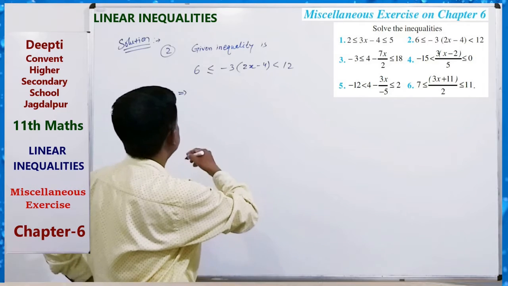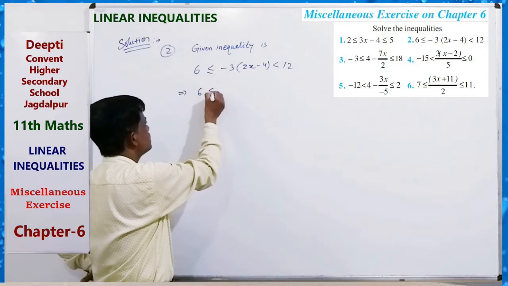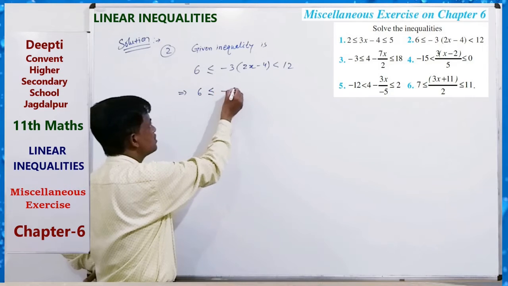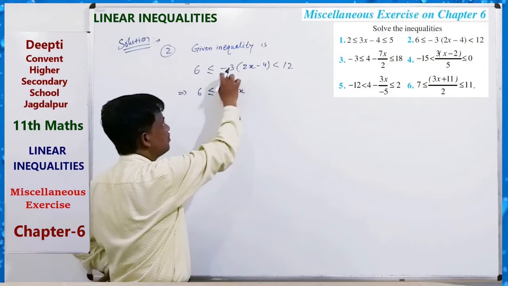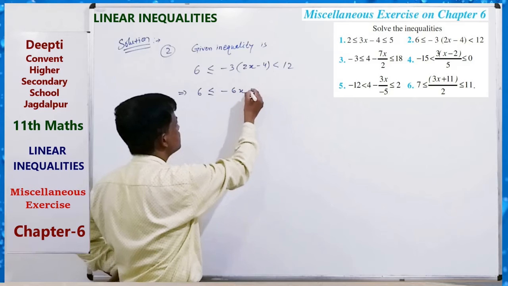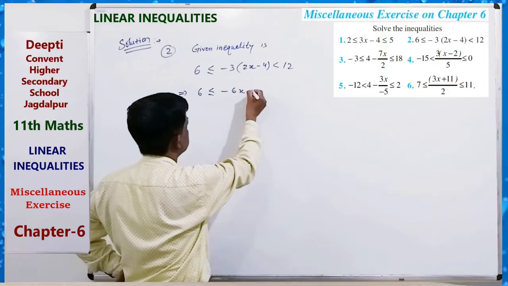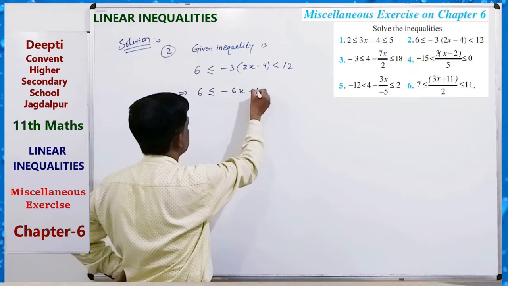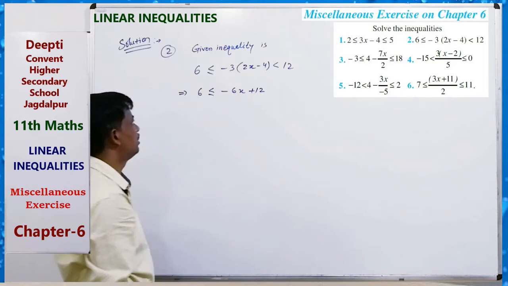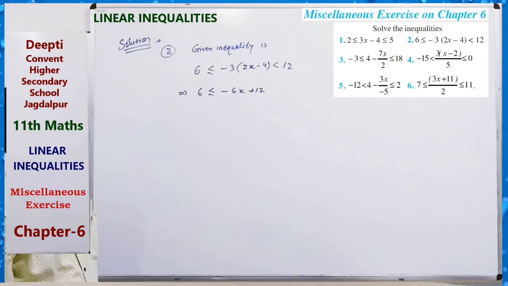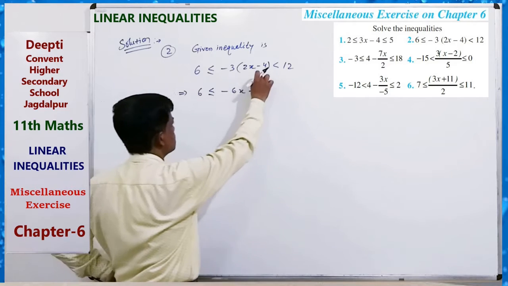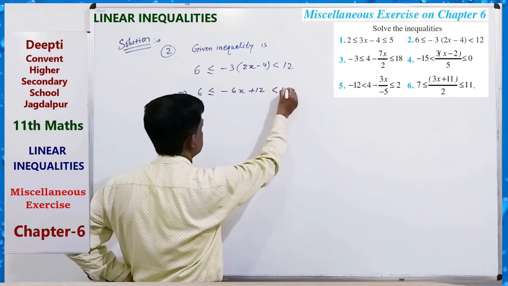So now here we can write 6 less than or equal to minus 6x plus 12, minus 6x plus 12 is less than 12.